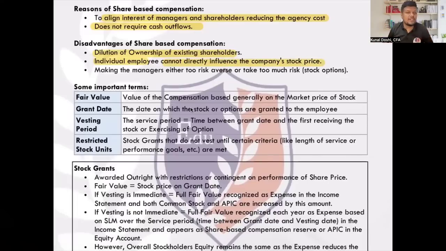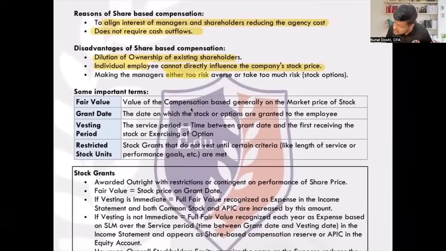So there's no point in giving them share-based compensation because they are not powerful enough to influence the share price. Also, share-based compensation makes management either take too much risk to increase their compensation, or become too risk averse because they want to secure it and might not take any risk at all.